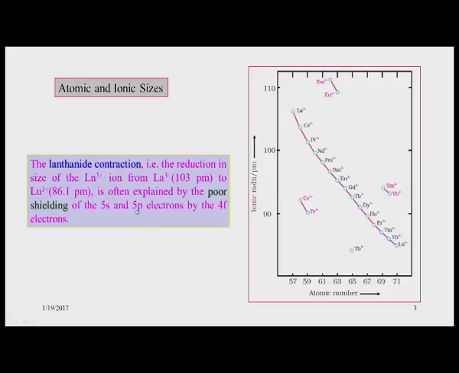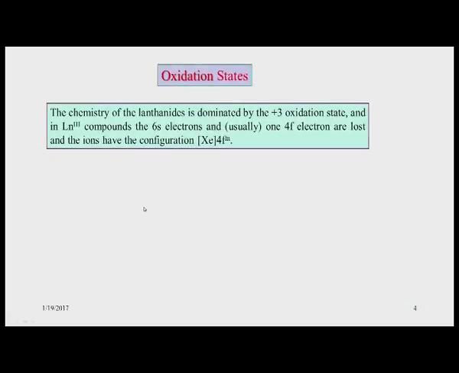So, they basically contract. That contraction is also leading towards some stabilization for the different oxidation states. Mostly what we have discussed so far is dominated by the +3 oxidation state. In the lanthanide or lanthanum 3+ compounds, the 6s electrons and one 4f electron are lost, and the ions have the configuration following xenon.